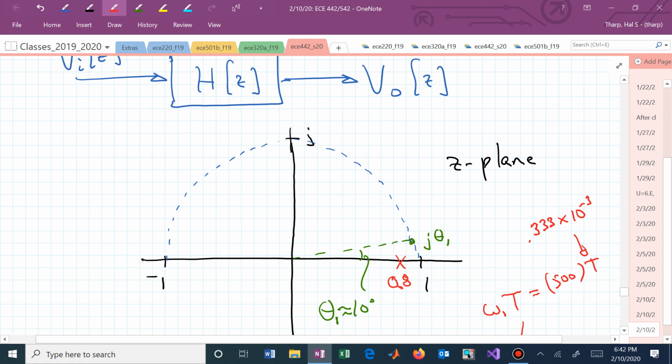We now need to find this particular angle, theta P1, and this length is LP1, if you can see that. That's the distance from the x to the point on the unit circle defined by j theta 1, that's e to the j theta 1.